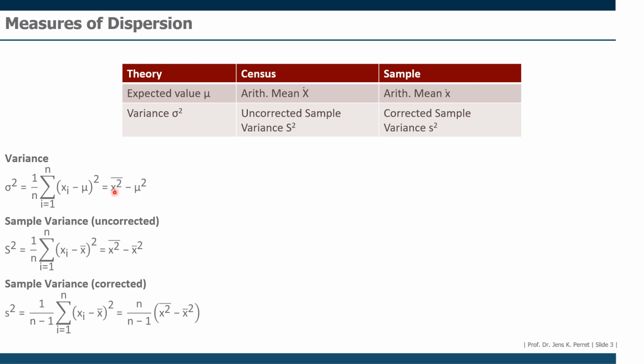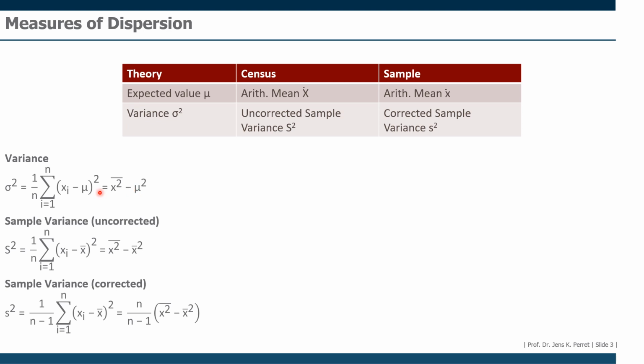So instead of taking the average of all observations, we just square each of our data points. And then of those squared values, we're calculating the average. And from this average, we're going to subtract the squared arithmetic mean or the squared expected value. That's a different way of calculating the variance.